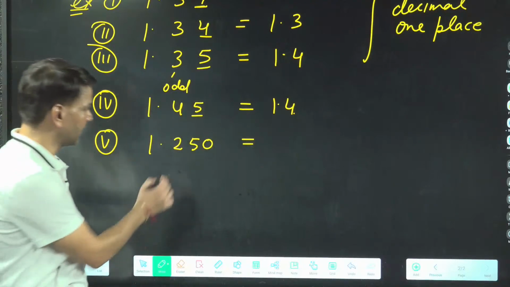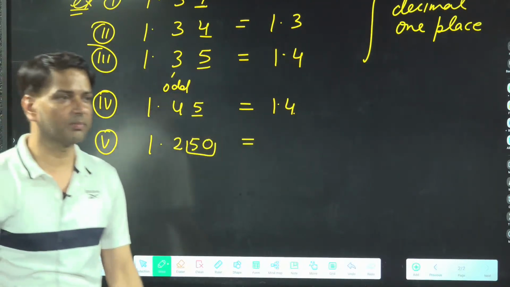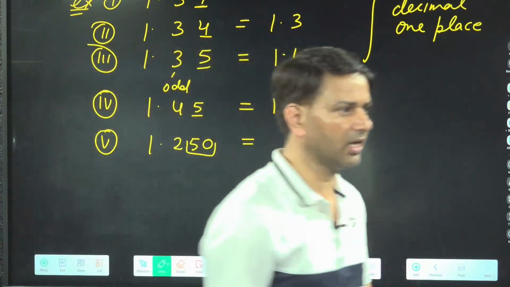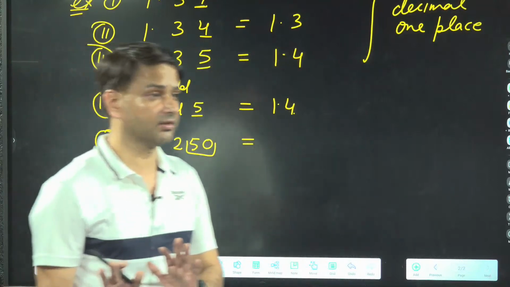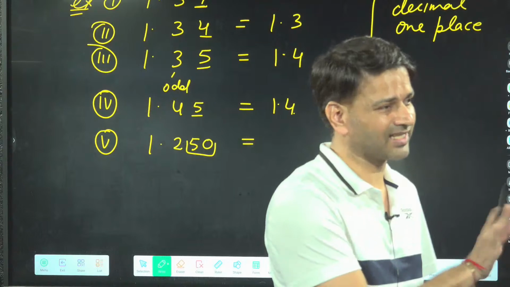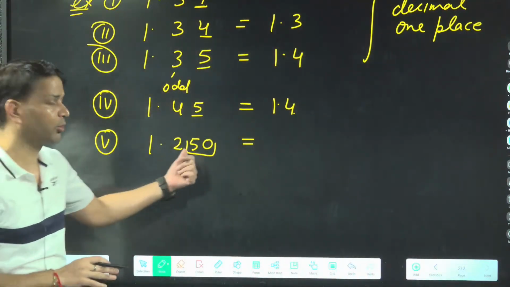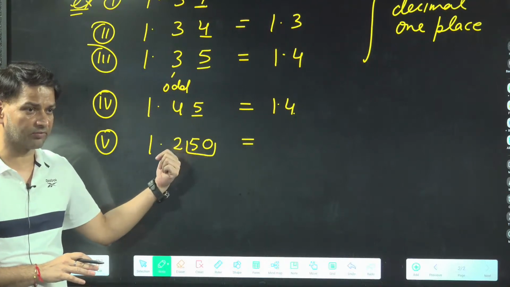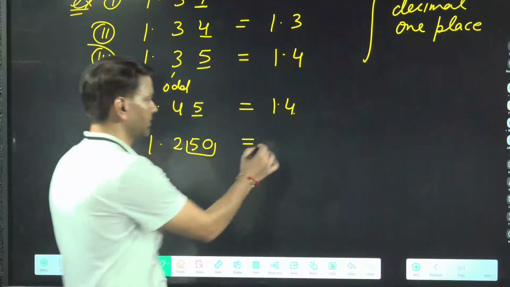I am not removing 50. The digit is exactly 5, because after the 5 it is a 0. So in that case, I am removing the 5. I will check the preceding one. The preceding one is even. Then what will you write? 1.2.